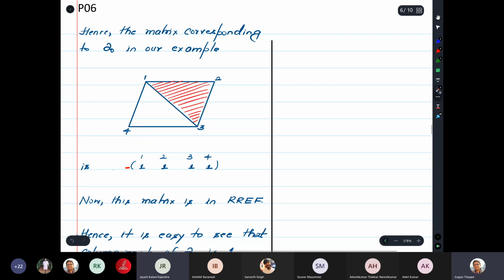It has one row and four columns, and each column corresponds to one of these vertices. I'm claiming that all the elements over here will be 1. Can one of you help me figure out why the matrix representation of ∂_0 is given by this matrix, and why this is all ones?